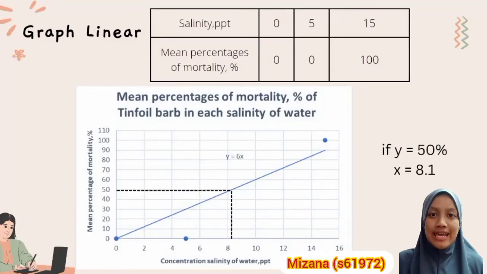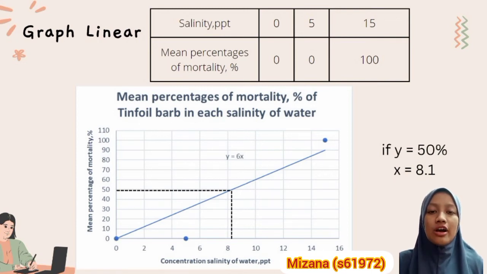Next, this slide shows the linear graph of concentration of salinity of water against mean percentage of mortality. So, the higher the concentration of salinity of water, the higher the mean percentage of mortality. It is because when the salinity of the water gets higher, the level of dissolved oxygen in the water becomes lower and it can cause mortality.